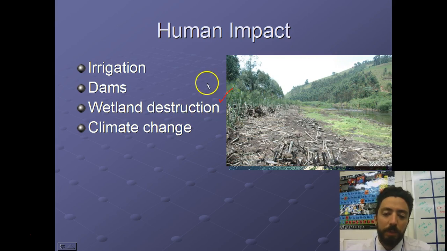Wetland destruction is typically going to be for development or building new lands. The city of Jacksonville is built, the majority of downtown is over a former wetland. Wetlands are really important in slowing down the flow of precipitation and allowing that water to stay in the soil and potentially enter the groundwater or the aquifers.